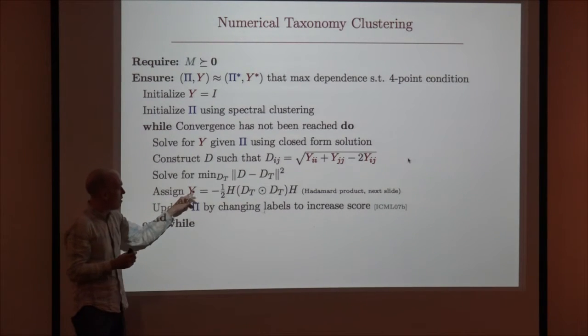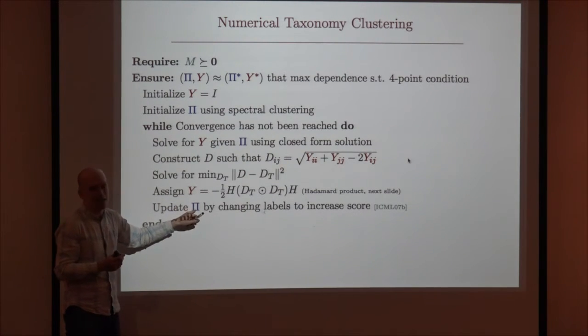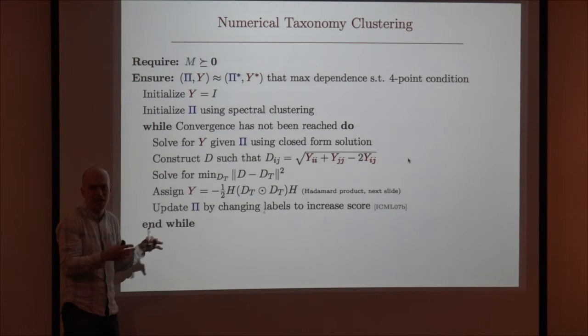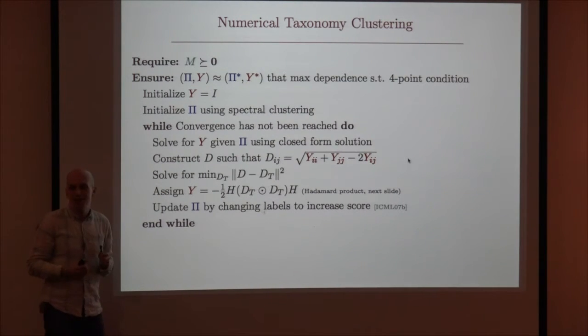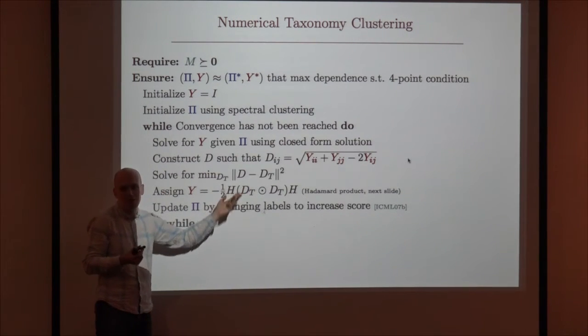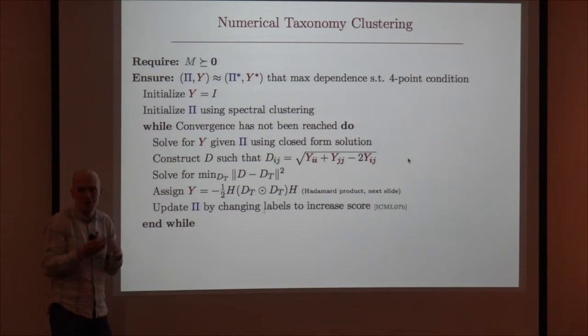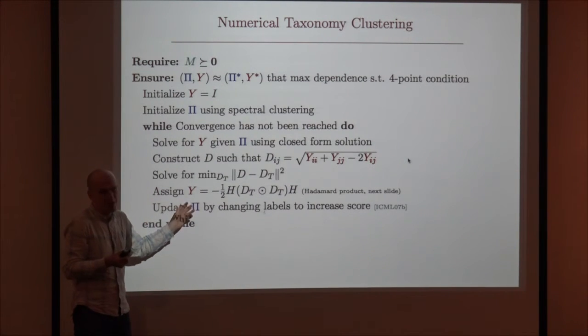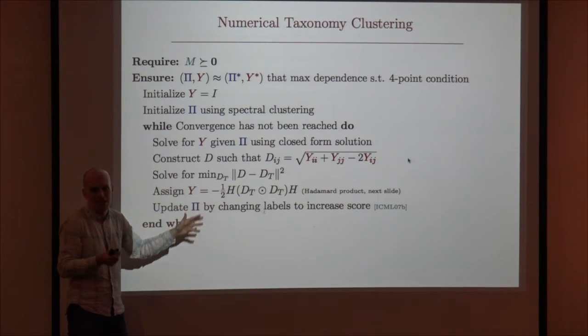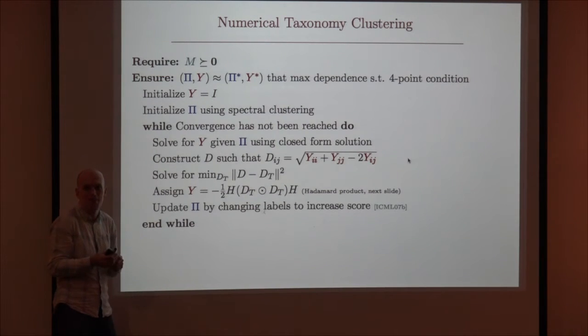But now that I've changed my kernel matrix, then maybe my cluster assignments were not very good. So I'm going to now update my cluster assignments to improve the dependence between my clustering and my original points. Because I've now changed the similarity measures between my clusters, it may be that now my points are not correctly assigned to their clusters, so I'm going to rearrange them.